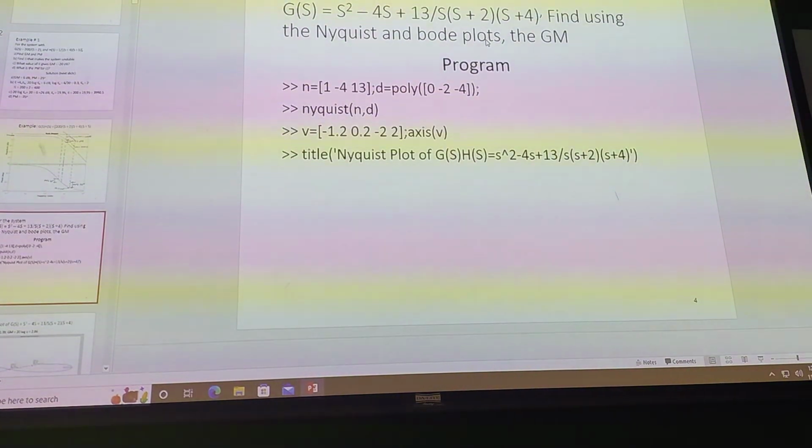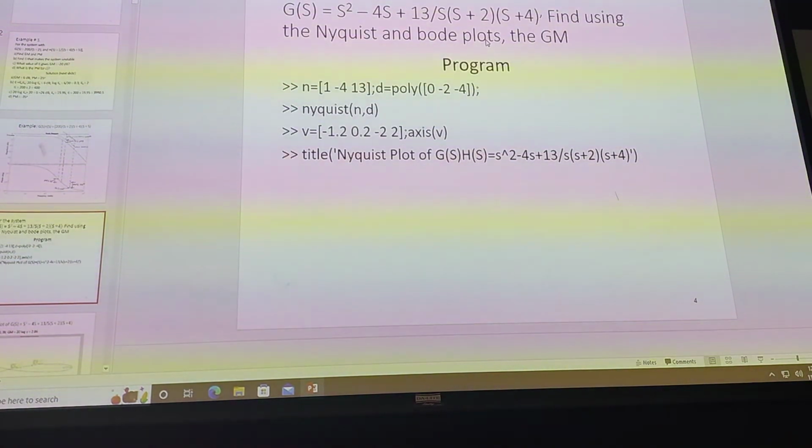Now let's take another system. In this case, we have zeros on the right half of the plane. Why do I know that? Because I have a negative number here. So when I solve this, it will give me some positive real part.